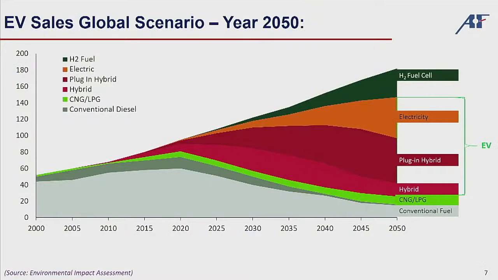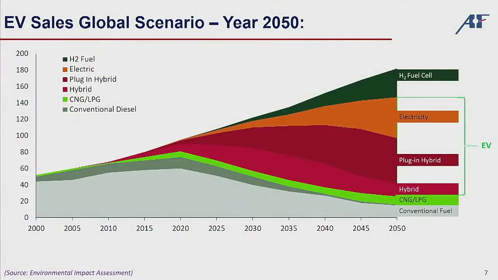It looks like this, the EV sales scenario up to 2050. There will be all types of vehicles, but gradually the demand for conventional fuel in automotive will reduce. Hybrid vehicles will be there, but electric vehicles look like they will be in full throttle.